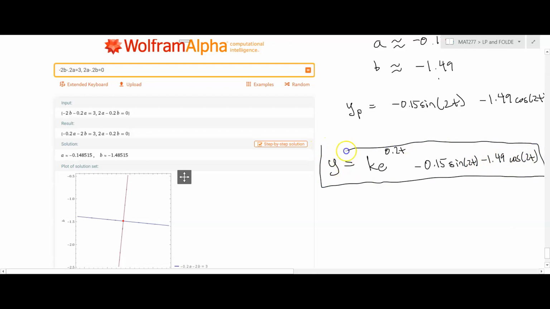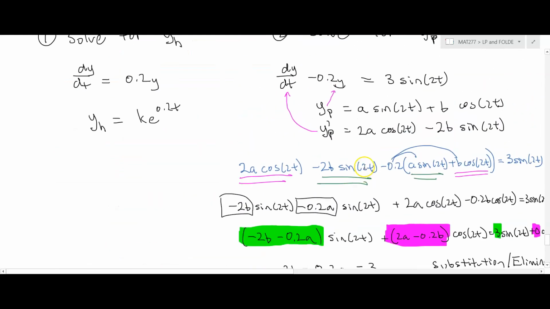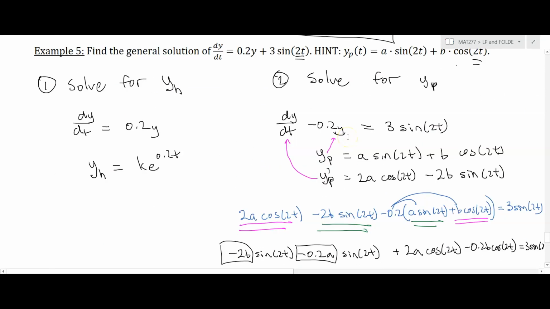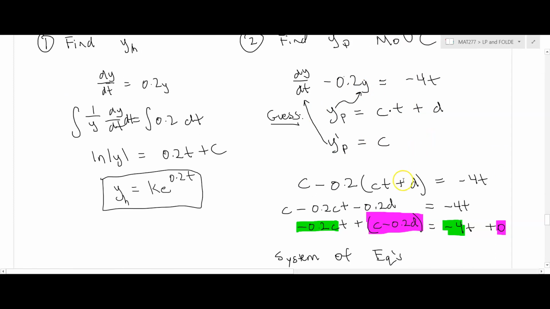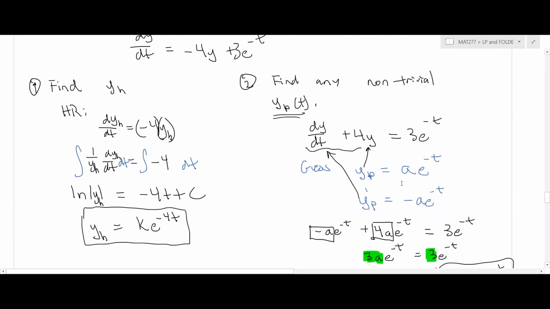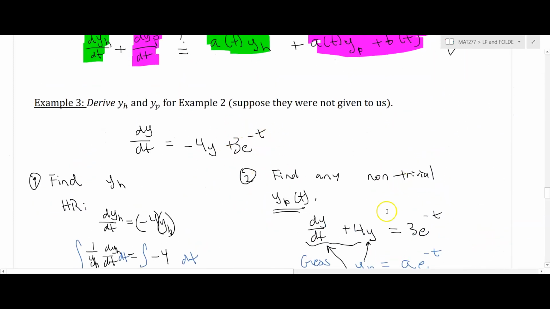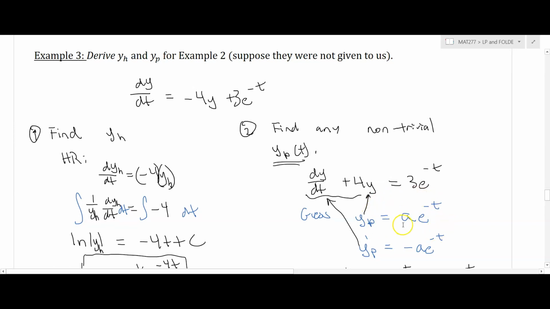Now, just as a final word, the guesses that you make for the particular, two key things here to remember. Always look at the structure of the equation. If the non-homogeneous piece is a linear, then your guess is going to need to be a linear. If the non-homogeneous piece is an exponential, then your guess is going to be some multiple of that same exponential.